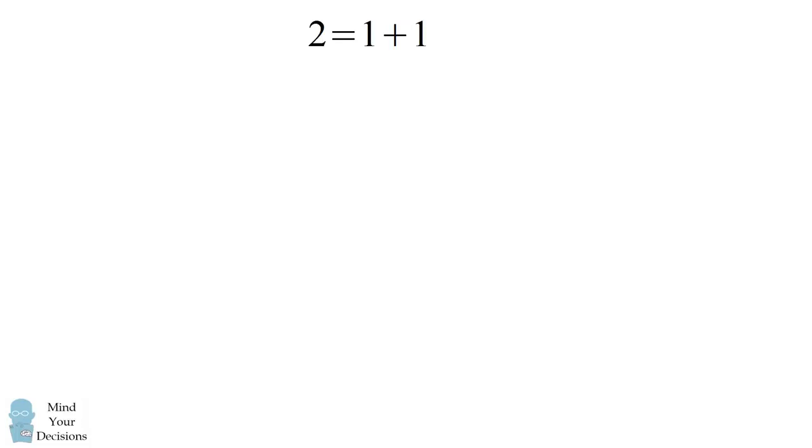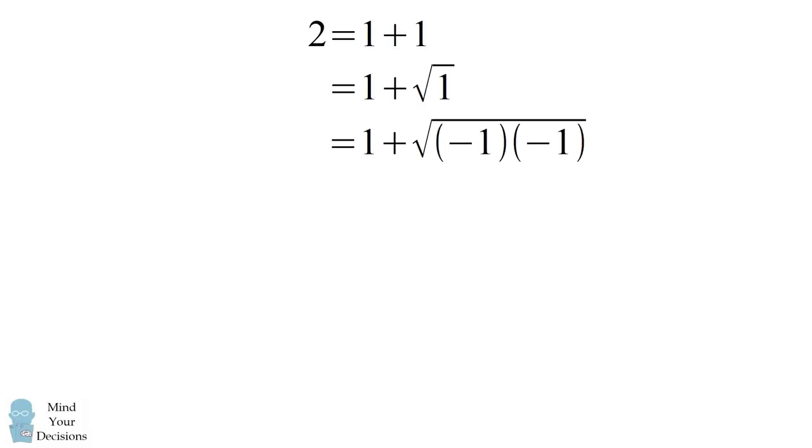We start out with 2 equals 1 plus 1. 1 is also equal to the square root of 1, and 1 is also equal to negative 1 times negative 1. We now take the square root of each term.